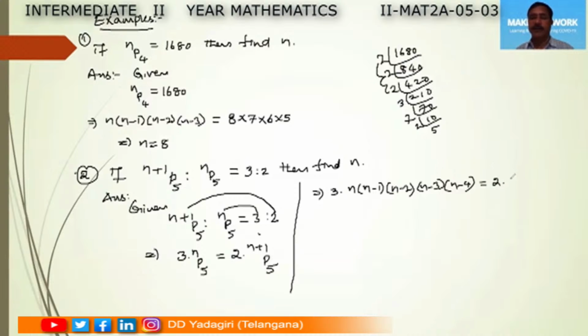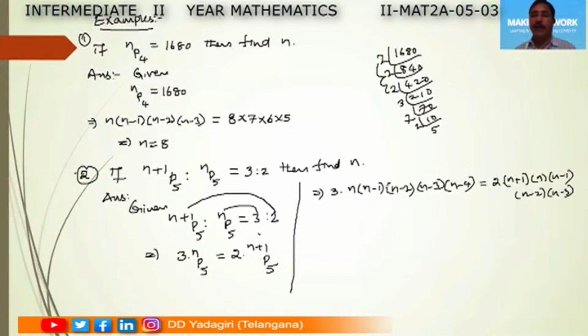Here r is equal to 5 given. So we can write this as the product of 5 consecutive values from n plus 1 in the descending order: n plus 1 into n into n minus 1 into n minus 2 into n minus 3. Product of 5 consecutive values.